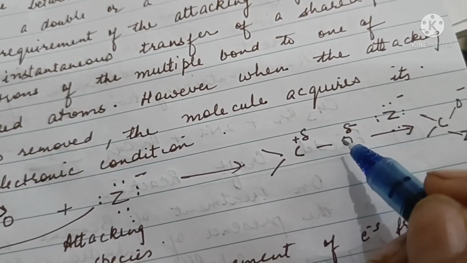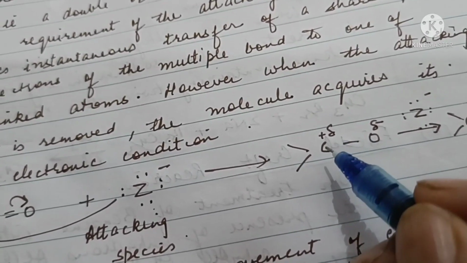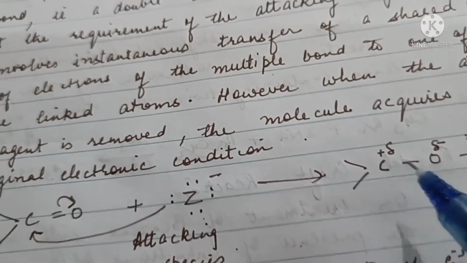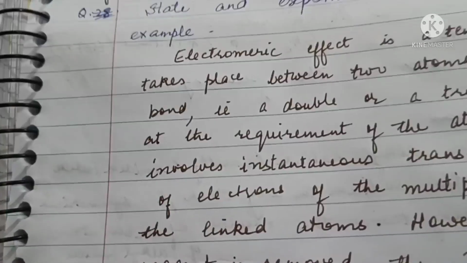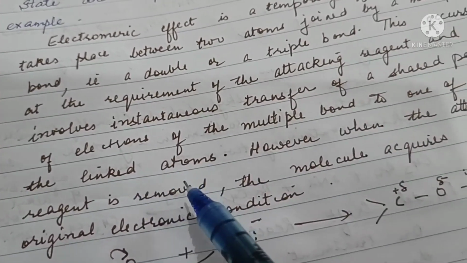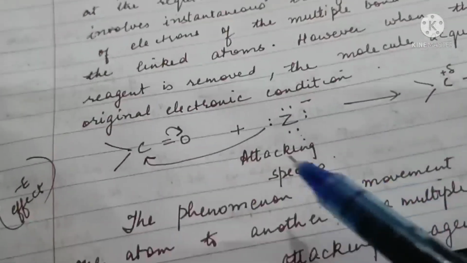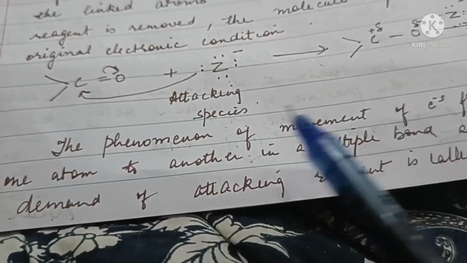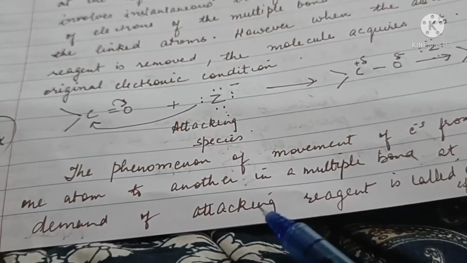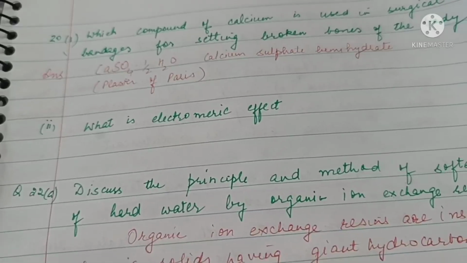The place where electrons go becomes negatively charged, and from where the electrons go becomes positively charged. So the transfer of shared pair of electrons of the multiple bond to one of the linked atoms results in electromeric effect. The phenomenon of movement of electrons from one atom to another in a multiple bond on the demand of an attacking reagent is called electromeric effect.